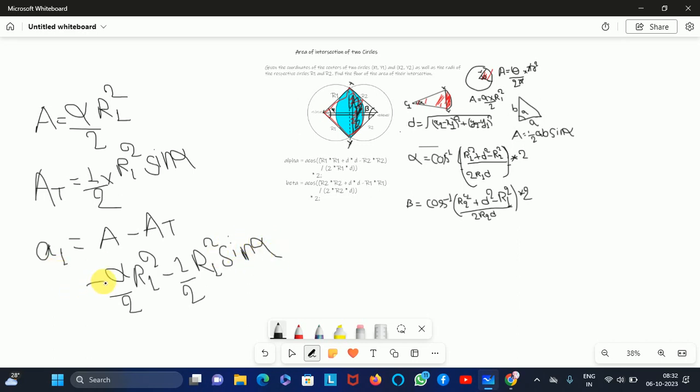So this is the a1. This is the formula we are going to use.